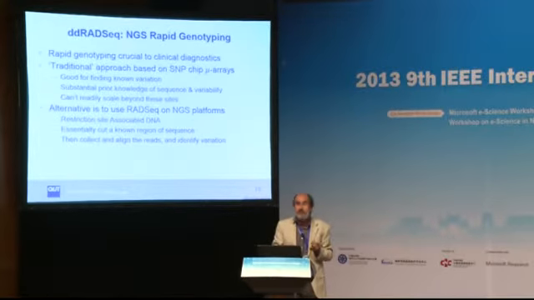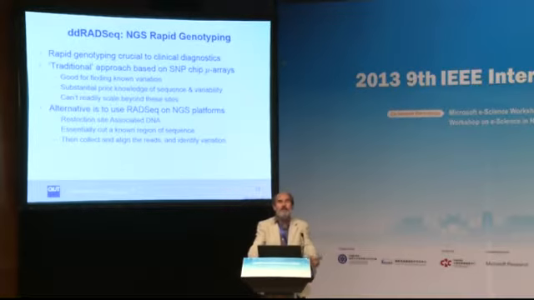We still need to have some sort of selectivity in the samples that are being created, but we want more flexibility than that which is provided by the now traditional methods of SNP chip microarrays. The problem with those is that microarray designs of that kind depend upon a very good background knowledge of the variation which is being sought.